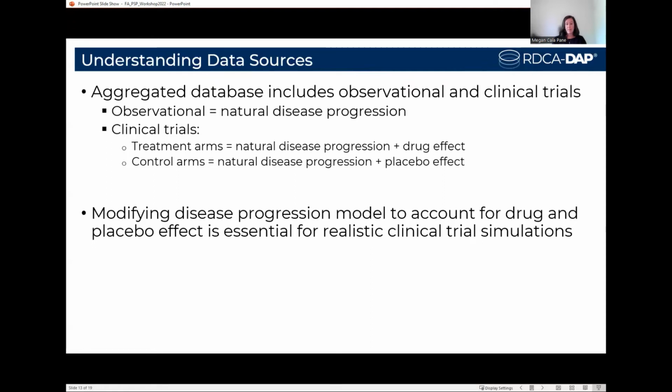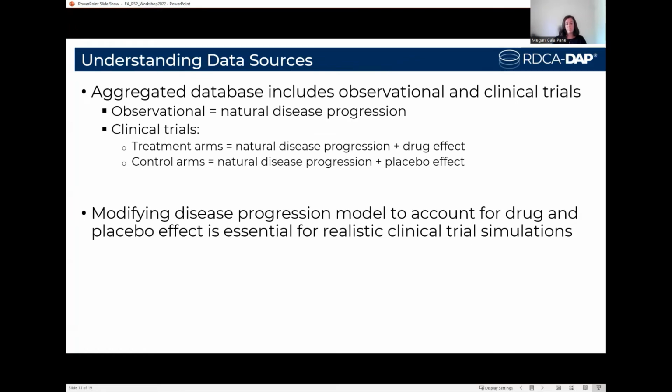And these aggregated databases include both observational and clinical trials. So in developing a disease progression model, there are additional features that need to be incorporated in the model in order to not only reduce bias, but also to produce a tool that can more accurately simulate realistic clinical trials.